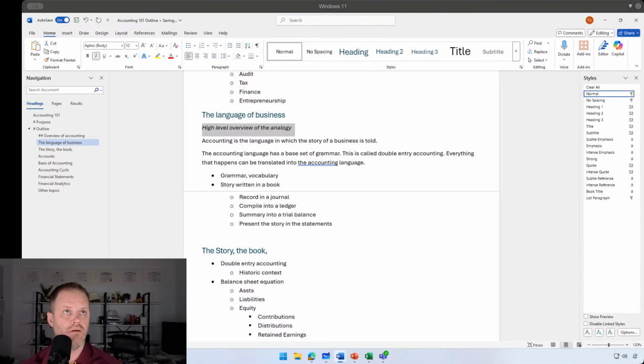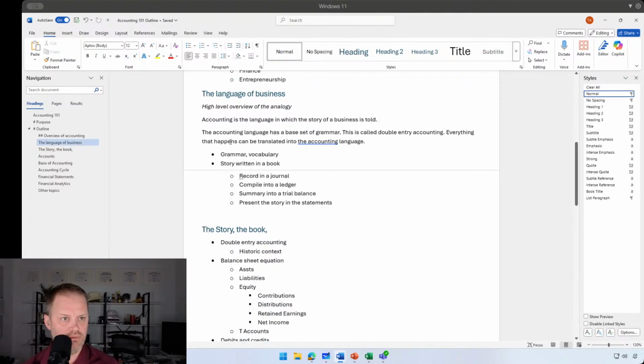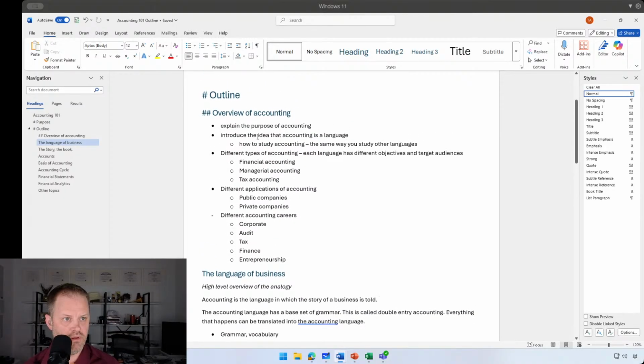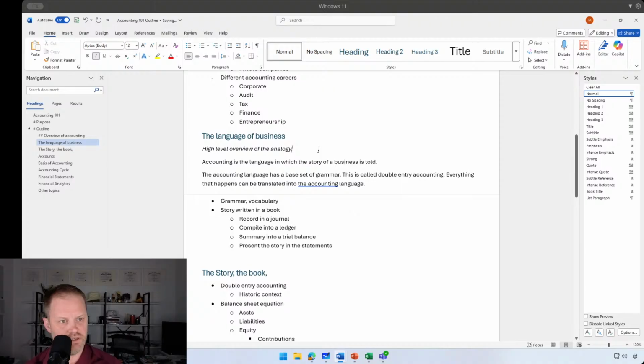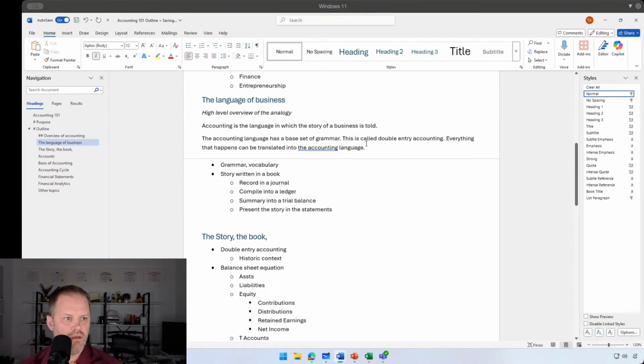Then I'm going to go into these different. So this is a high level. Then set the analogy of, okay, accounting is a language of business.